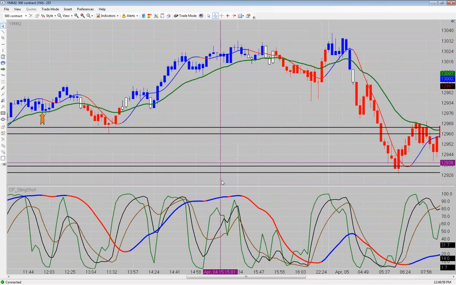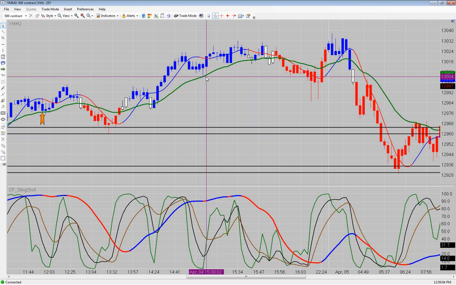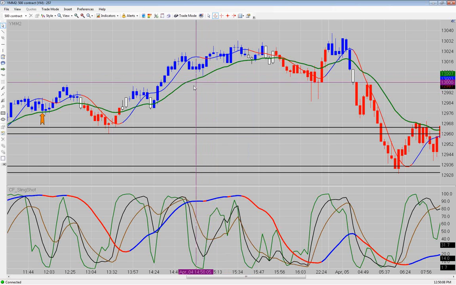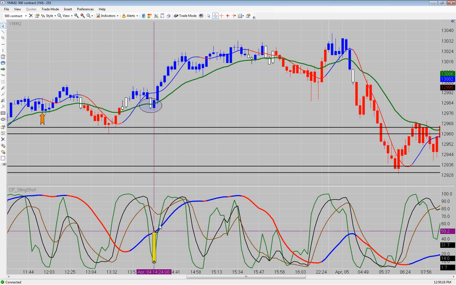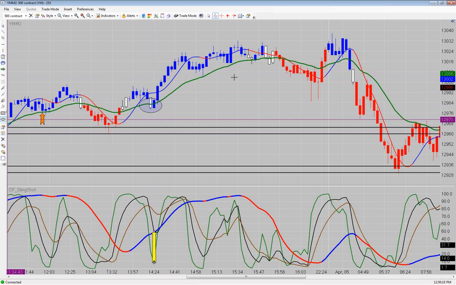And another thing that you can look at here is the divergences, like this. Okay, if you have a test of the BBC, this is the same thing that I was looking at on the Russell. When price comes down to test the BBC right here, do you have divergence down here? Okay, when price tests it here, was there divergence?